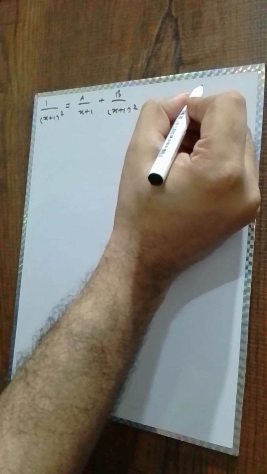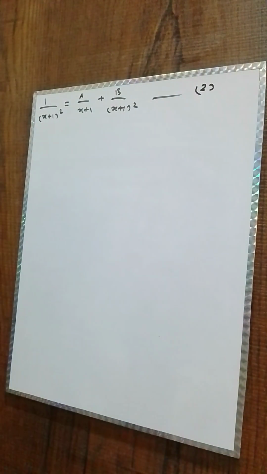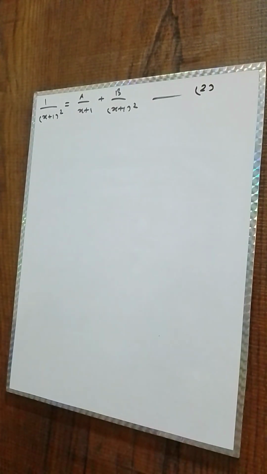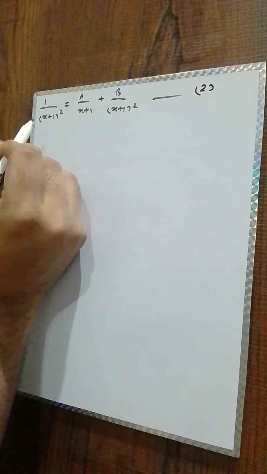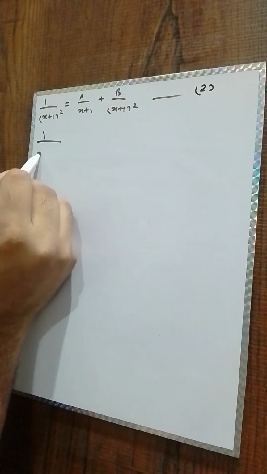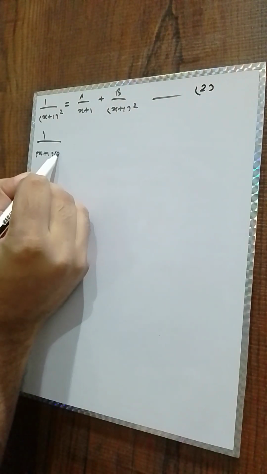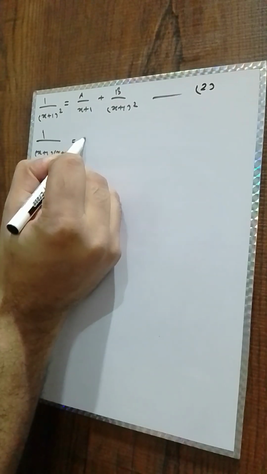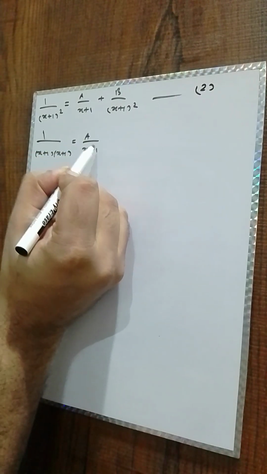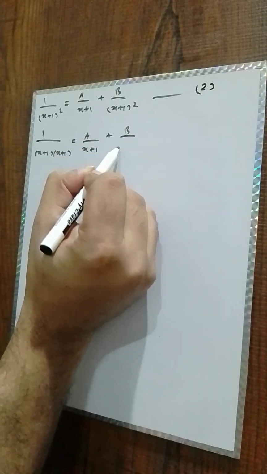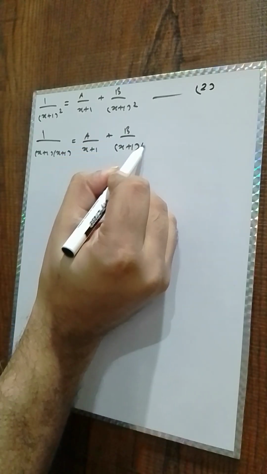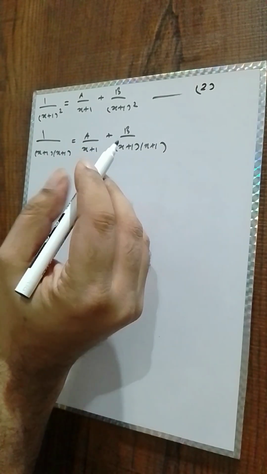So this is an equation here now for the second case. Okay, and we cross multiply: 1 by x plus 1 into x plus 1 is equal to a by x plus 1 plus b by x plus 1 into x plus 1.